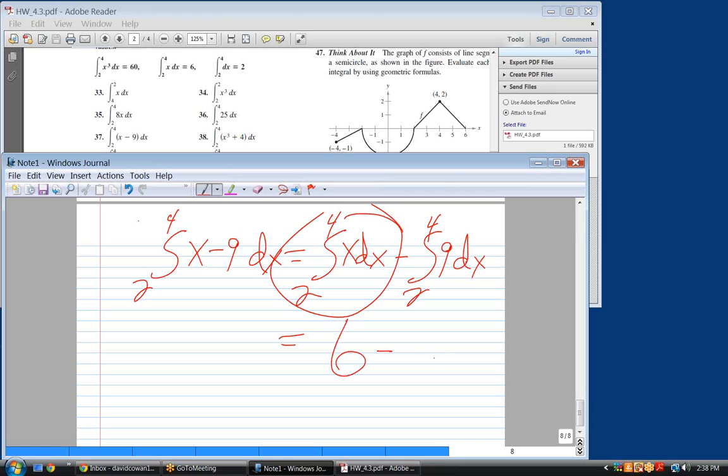And then for the second one, it's negative 18, minus 18. Positive 18. So it's 6 minus 18. Yeah, 6 minus 18, equal to minus 12.